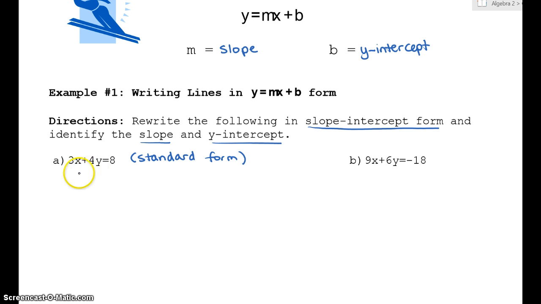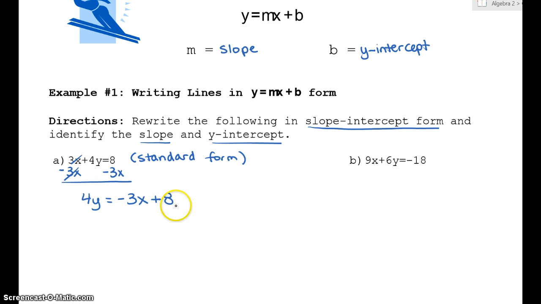Now, I'm going to go ahead and solve for y by subtracting 3x on both sides. And I end up getting 3x minus 3x cancels. We are left with 4y equals, and I put the negative 3x first, plus 8. Because according to the general form, right here, it's always mx first, so I put the mx first, and then the y-intercept.